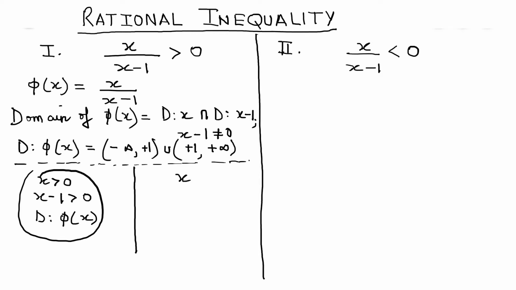The second case is when the numerator is negative and so is the denominator. In that case, phi x would be positive, and then you take the intersection with the domain of phi x, which is just like taking the intersection of all the three.